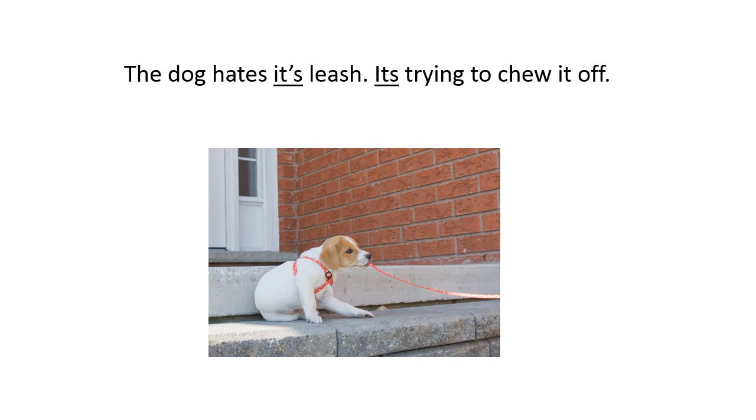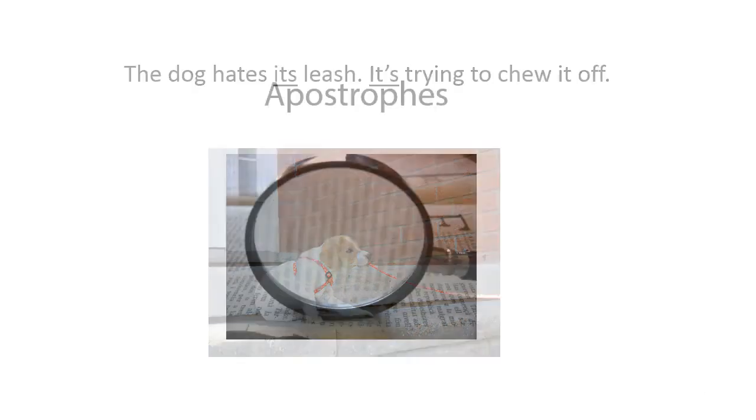In the second sentence, its, that really is trying to be a contraction of it is. It is trying to chew it off. So the correct answer is just the opposite of how it's written here. Okay, the correct form is the dog hates its leash, possessive pronoun, no apostrophe, and it's, a contraction of it is, trying to chew it off.